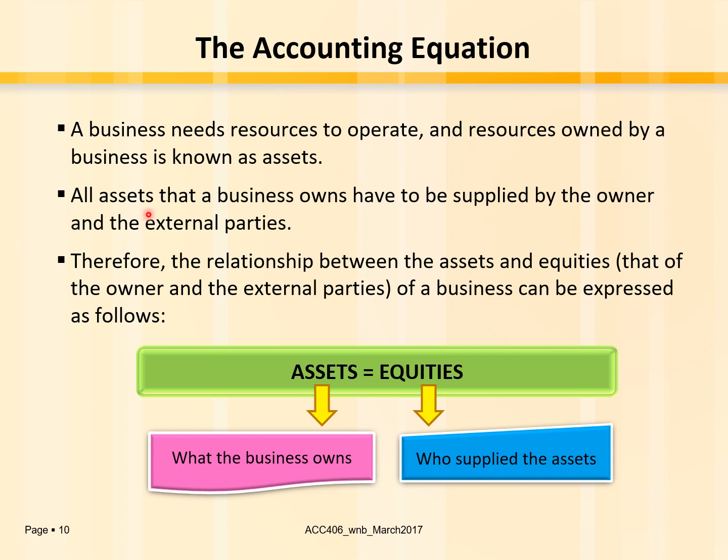So, all assets that a business own have to be supplied by the owner and the external parties. Semua aset perniagaan tu sama ada kita guna duit kita sendiri ataupun kita pinjam di orang untuk beli aset tersebut. So, bila kita guna duit kita sendiri, nama dia owner's supplied lah. Ataupun bila kita guna duit orang, kita pinjam duit bank contohnya, itu adalah external party supplied.